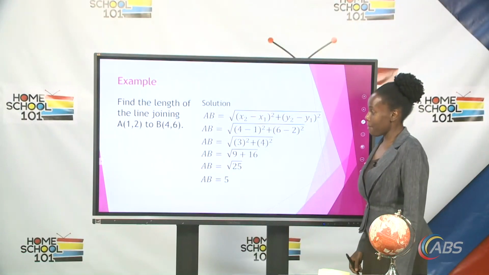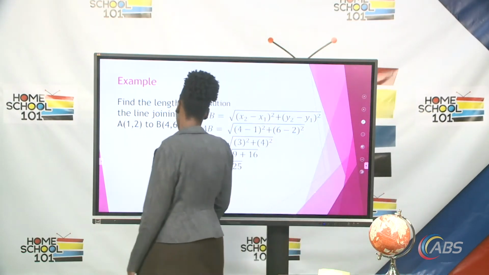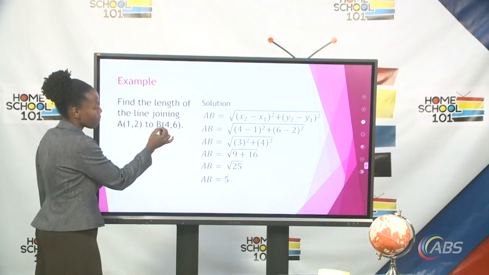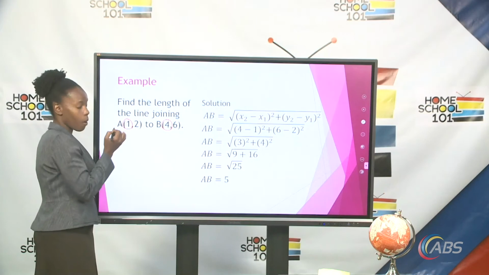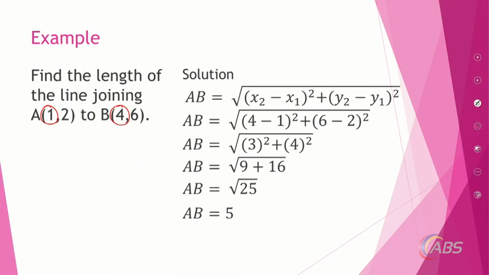So given AB, to find the length, we get our x1 and our y1 from our first point, and we get our x2 and y2 from our second point. Substituting in the formula, x2 would be 4 minus 1 all squared, plus y2, which would be 6 minus 2 all squared. So it becomes 3 squared plus 4 squared, resulting in 9 plus 16, and that gives us the square root of 25, which gives us a value of 5.